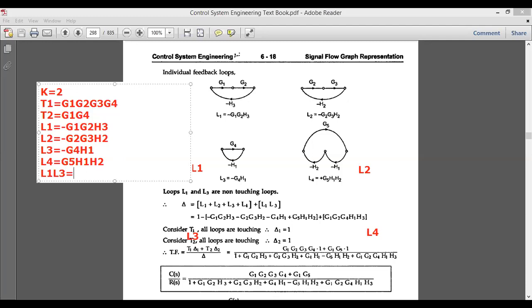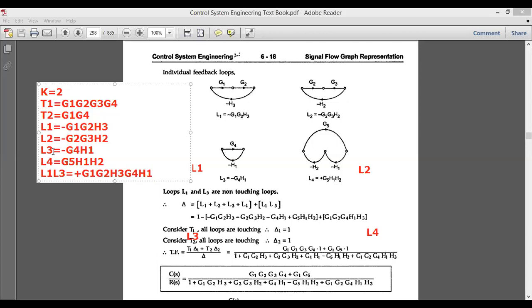How to write the non-touching loop? Simply multiply both. So what is L1? It is G1, G2 and H3 multiplied by what is L3? It is G4 multiplied by H1. So both L1 and L3 are minus, so therefore this becomes plus. Okay, so we got the non-touching loops.